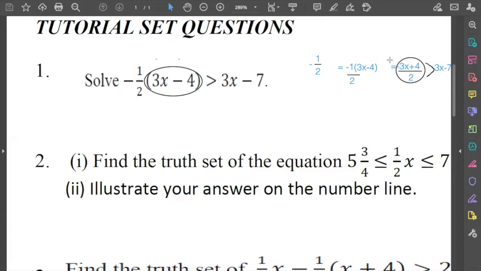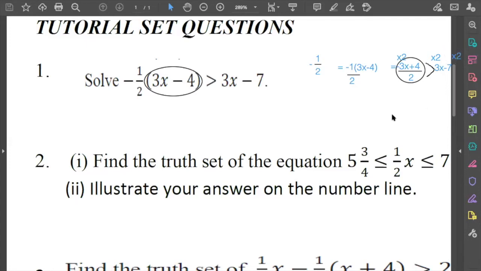So I'm going to multiply this place by 2, and I'm also going to multiply this place by 2.